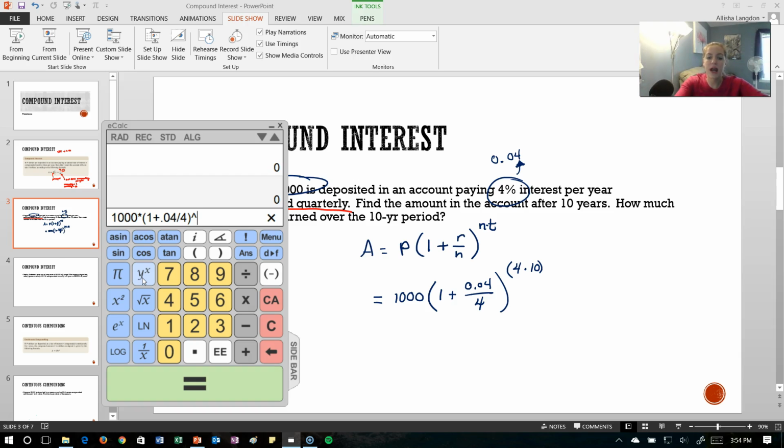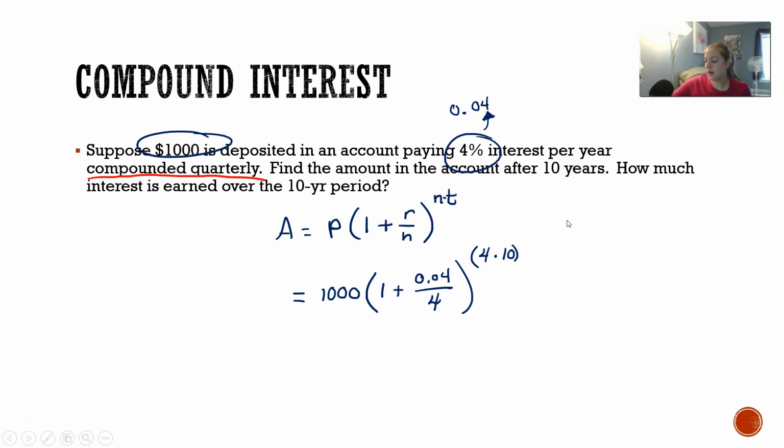Now, for the exponent, I actually want to put it in parentheses as well, because that whole entire thing, 4 times 10, should be in the exponent. So we have to throw parentheses to indicate it's all up there. Okay, so it looks like we're at 1,488.86 dollars.